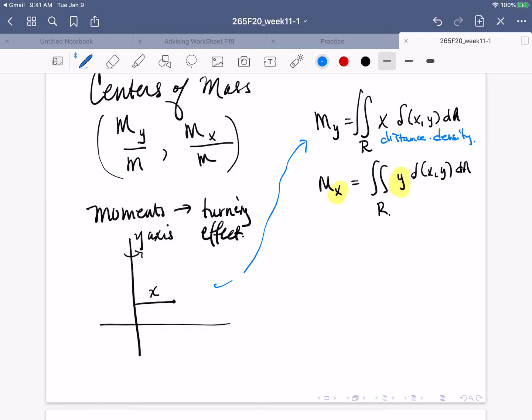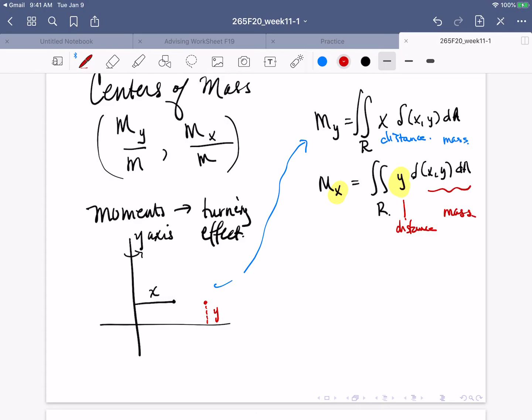Or distance times mass, I should say, because as soon as we integrate with respect to area, we're getting the mass of the object, okay? Whereas if I'm rotating about the x-axis, I am needing a distance from that x-axis related to a mass, okay?